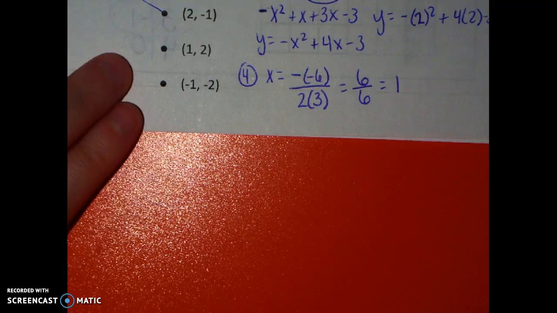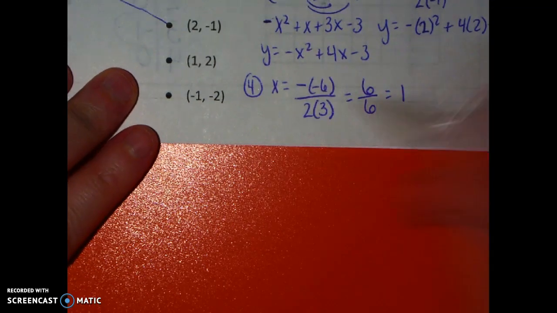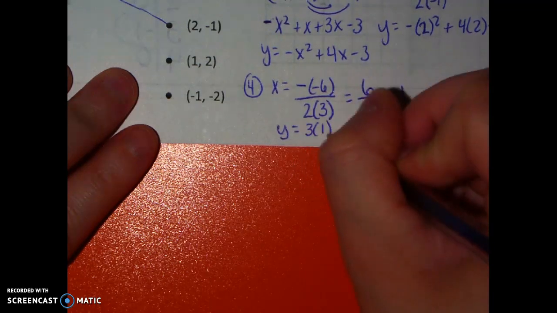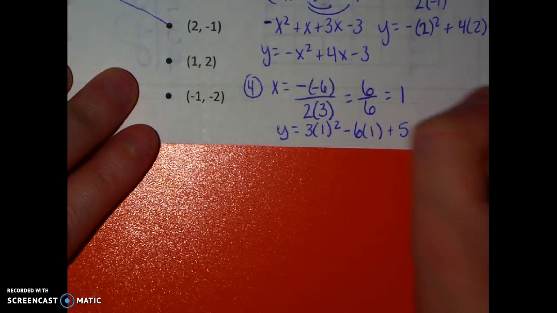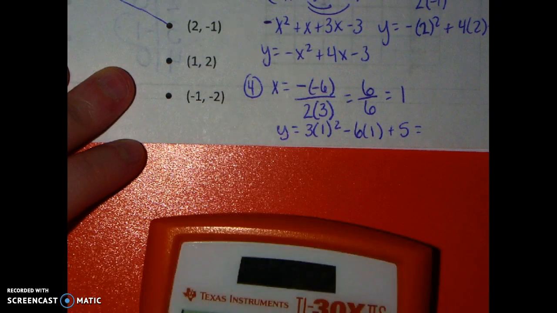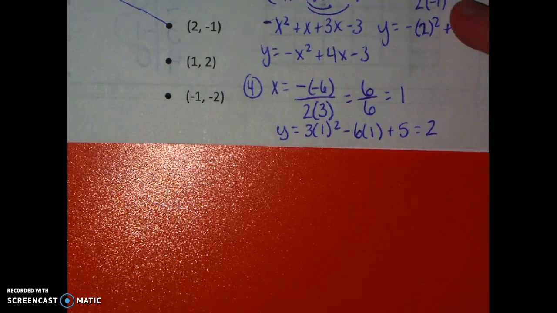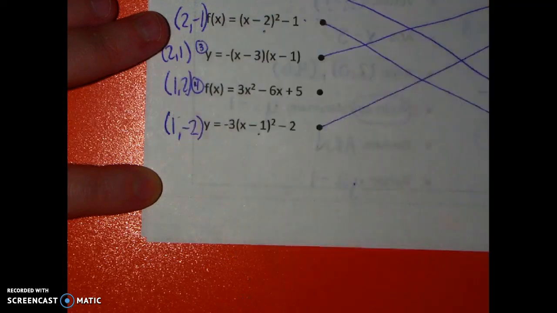And so I know which one it's going to be, because there's only one of them with x is 1, but we do need to do the work for the y. So y equals 3 times 1 squared minus 6 times 1 plus 5. And that is going to be 2. So the vertex for number 4 is 1, 2.